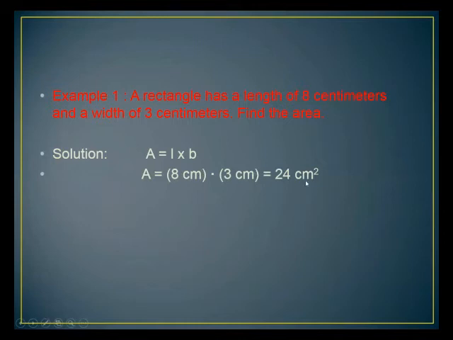So 1 plus 1 is 2. That's how we get centimeter square. We read it as centimeter square. So take a screenshot. It will help you with your home task.